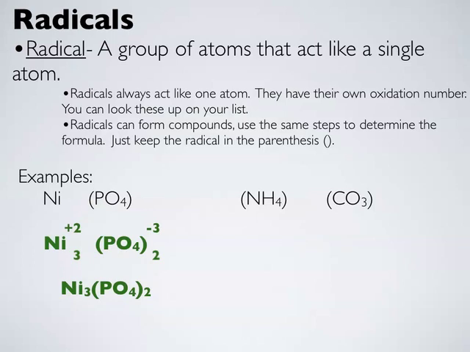In the next example, we have 2 different radicals that are combined. Ammonium and carbonate. So ammonium, what is its oxidation number, Rosen? +1. How about carbonate? What is its oxidation number? Kimberly? -2.